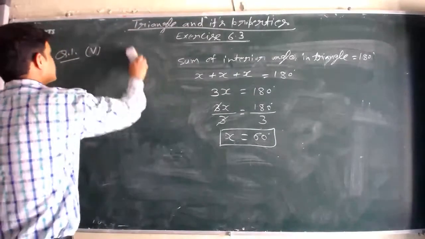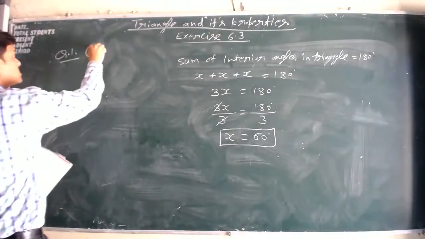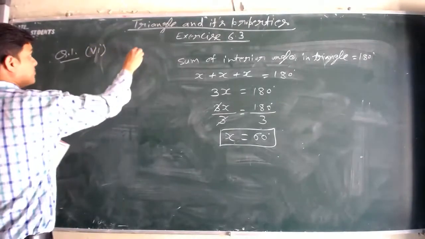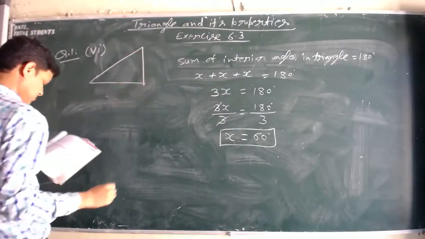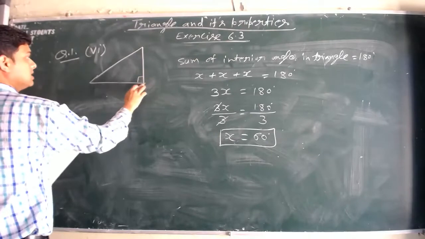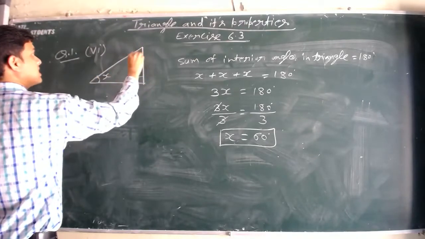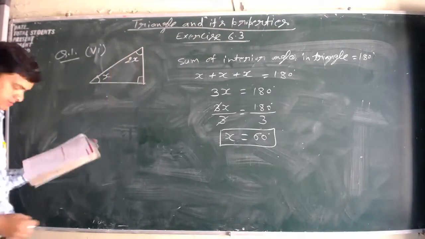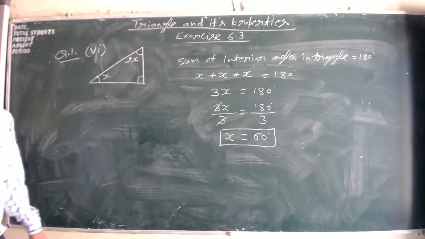Part 6 of this. First question, 6th part of this, we have a figure and it is given like this, and this is x and this is 2x. Now we have to calculate the value of x.